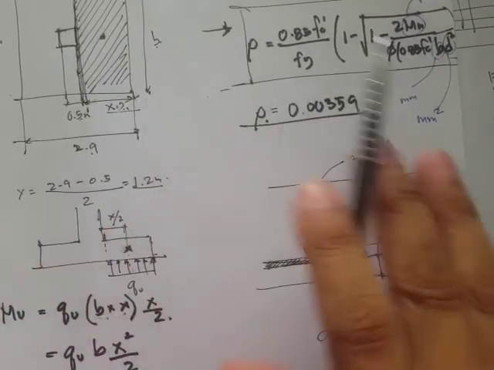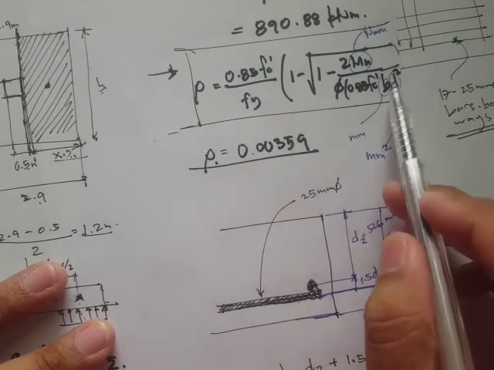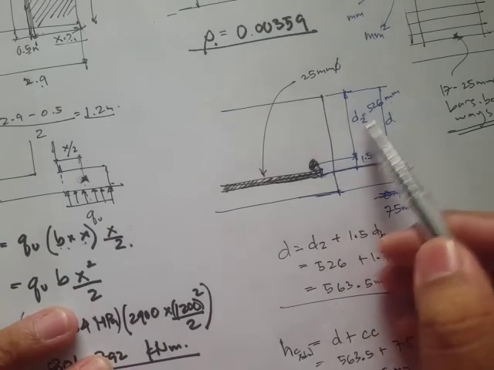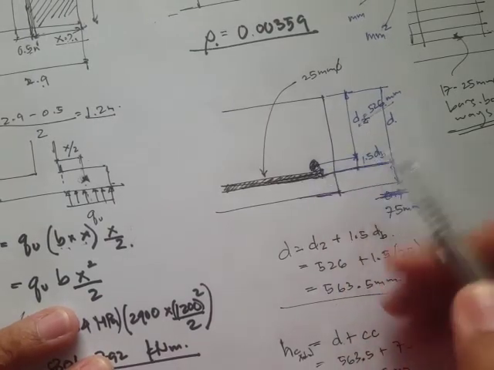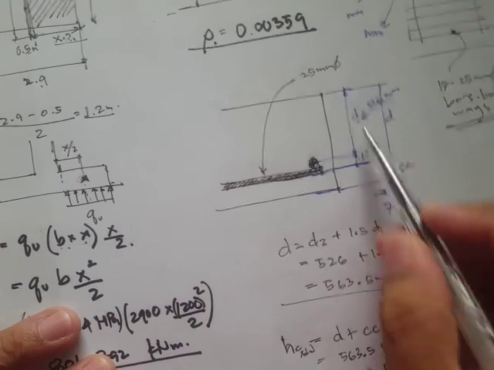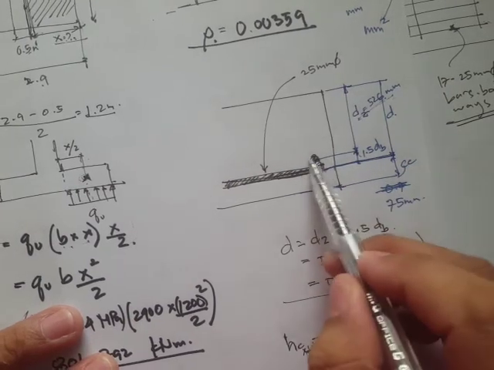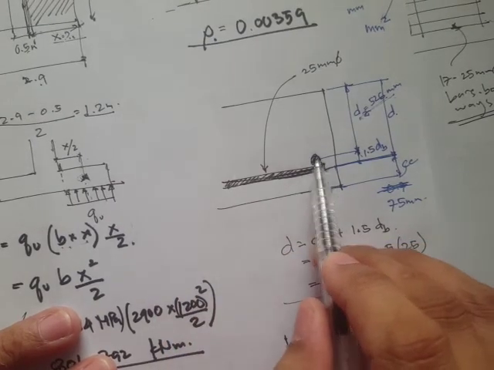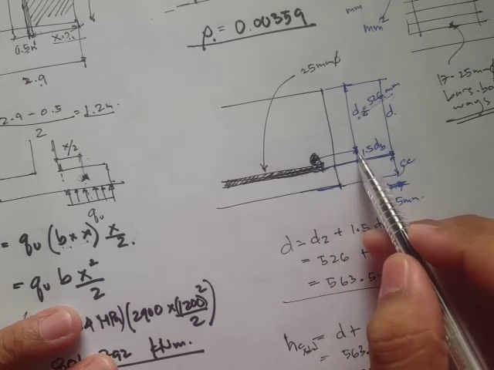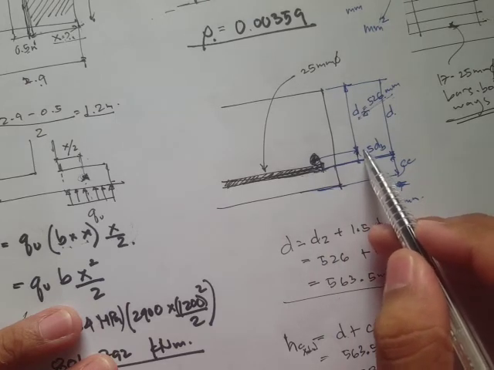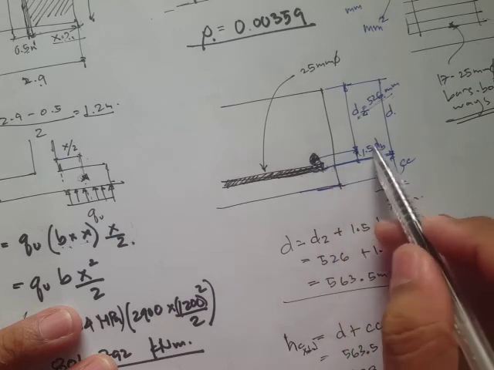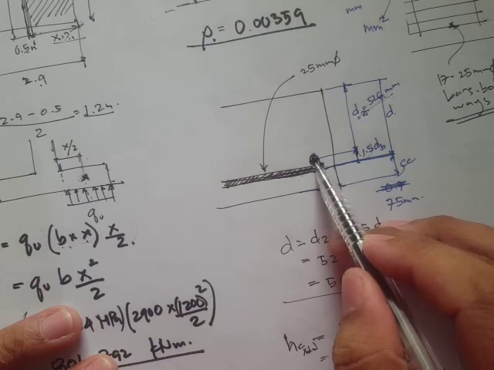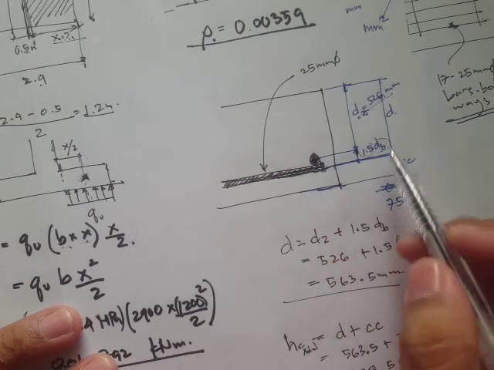And once you have the steel ratio, then you can solve for the number of bars. But just a couple of notes, this d in this equation, the effective depth, that's not the depth that we solved. Actually, we still have to add the distance from the centroid of these top bars, because we're going to have reinforcements in both ways. So we're going to add this distance, which is 1.5 times the bar diameter plus half of the bar diameter, and that's going to be our d.